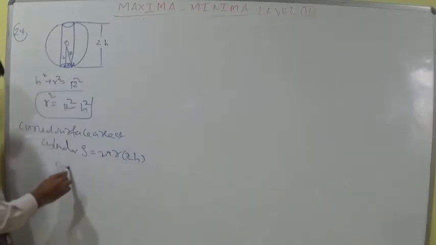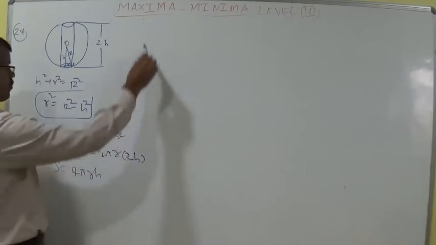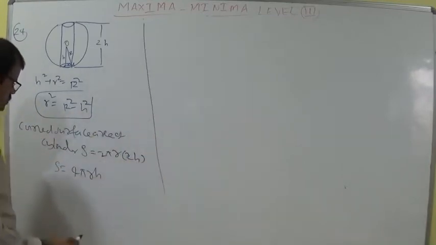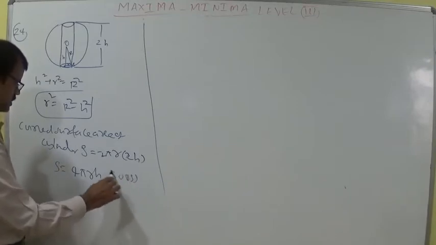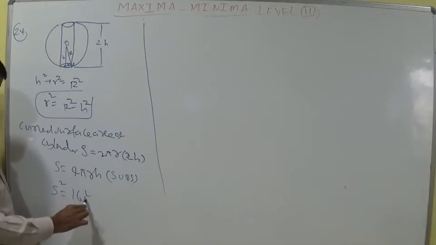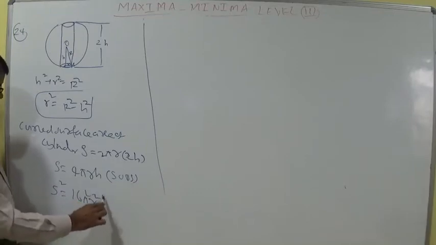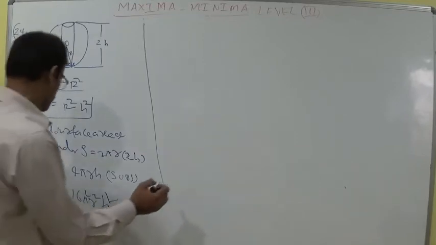So S is equal to, now I am writing, 4 pi rh. So let us discuss squaring both sides. So S square is equal to 16 pi square r square h square.